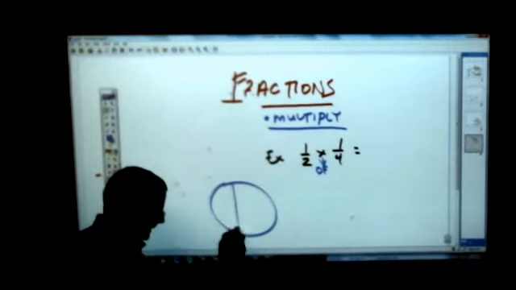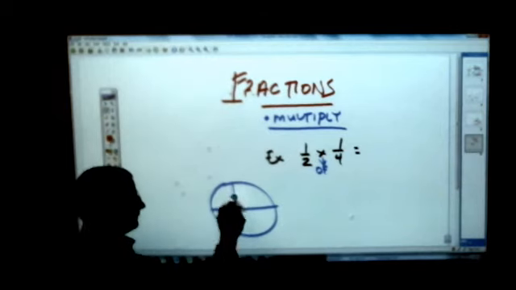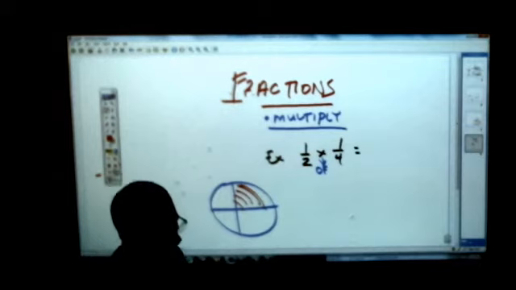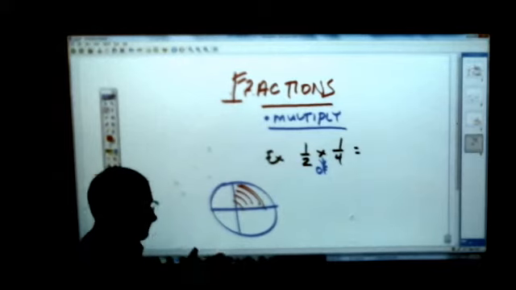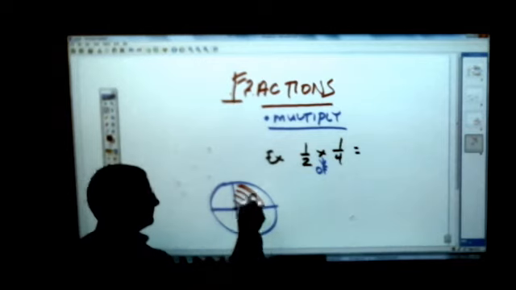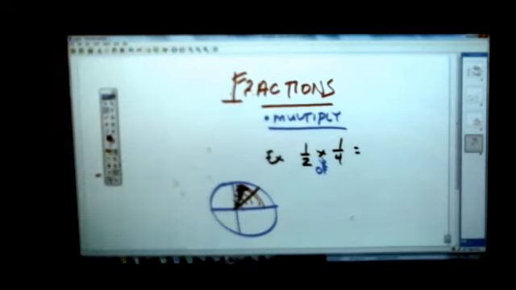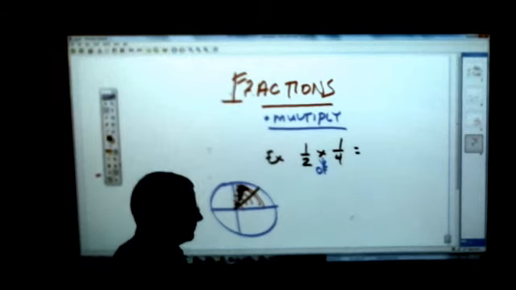Here's my little pie. I have 1/4 of it. Your mom gives you 1/4 of the pizza and says, give half of that to your brother or sister, so you have to chop that in half. What fraction is half of 1/4? Josh? 1/8.